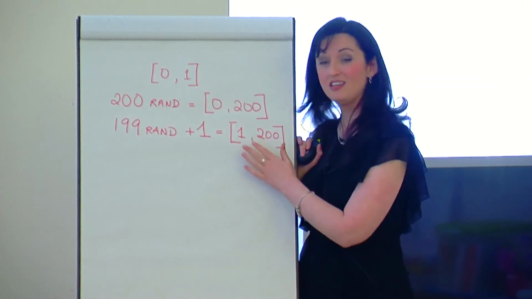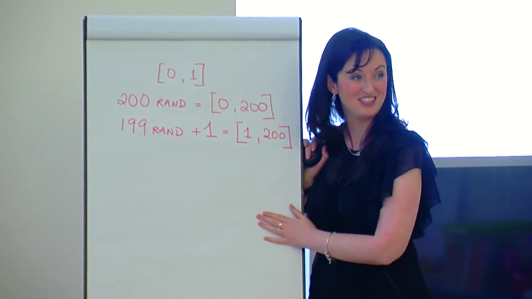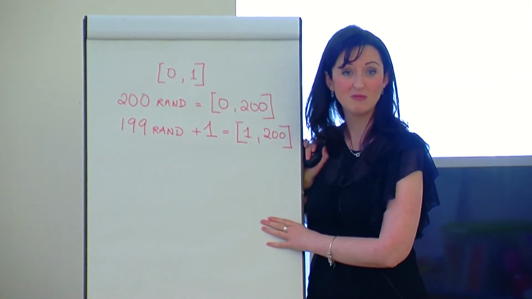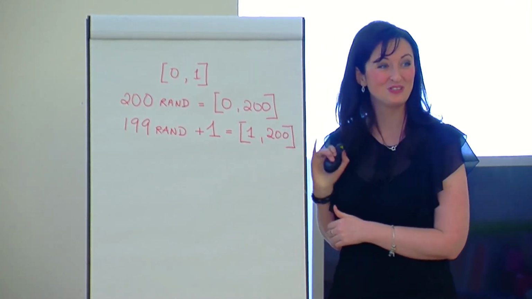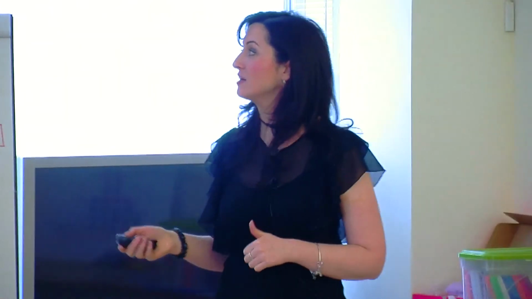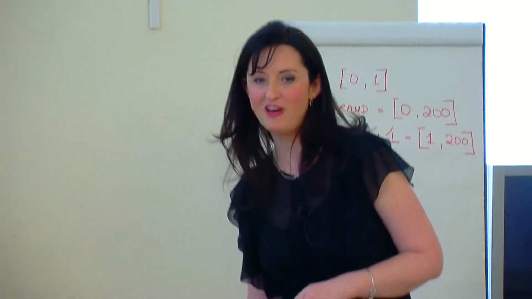That's up to yourself. It might be easier to tell them to ignore the decimals because they might forget to put it back and not fix it, isn't that right? And they go on and do their sums with their calculator fixed. But they could fix it if they want. So we see 199 random plus 1, and then we'll get our random numbers. Okay, so that's the plan of action.